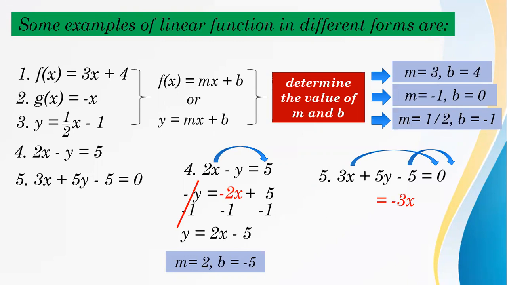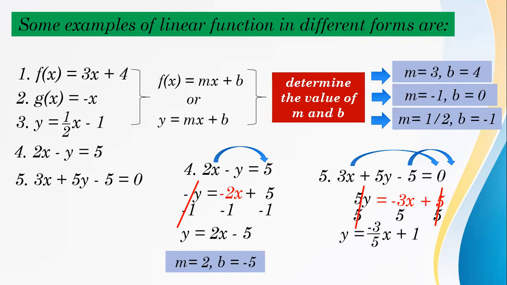Transpose positive 3x, then change the sign; it becomes negative 3x. Negative 5 becomes positive 5. Then bring down 5y. Then eliminate 5 by dividing both sides of the equation by positive 5, and cancel out.